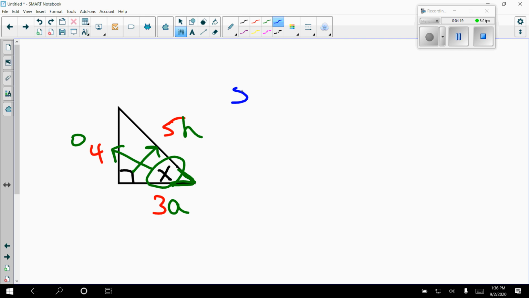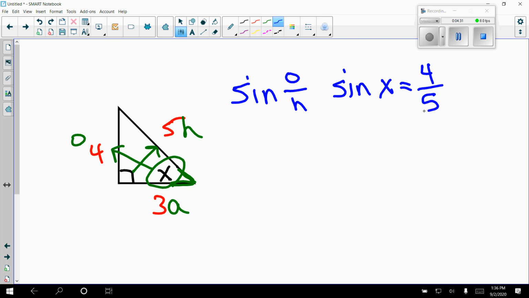I said sine was opposite over hypotenuse, right? So the sine of angle X, well, we said the opposite was 4 and the hypotenuse was 5. So the sine of angle X would be 4 over 5. Cosine is adjacent over hypotenuse. So the cosine of X would be adjacent, which is 3, over the hypotenuse, which is 5.